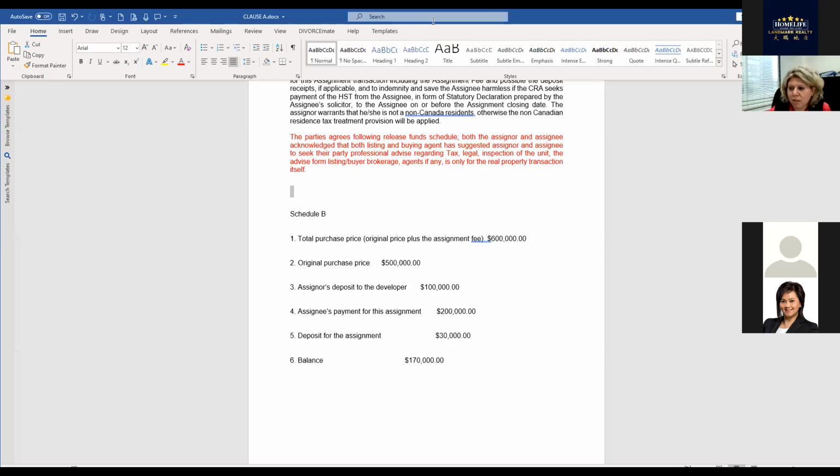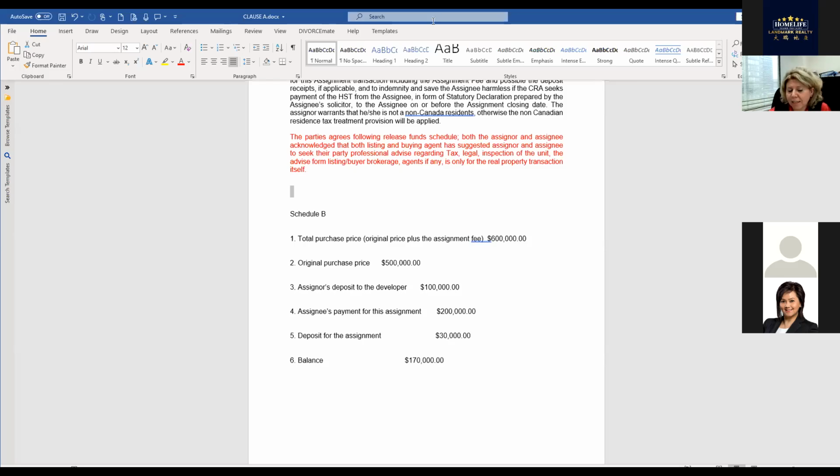Even if I was close to the closing date, I never got the final purchase price. It means I didn't get the SOA from the developer's lawyer. I just got the SOA from the assignor's lawyer regarding the assignment fees, with all the breakdown and all the payments done, the assignment fee, original purchase price, and whatever.